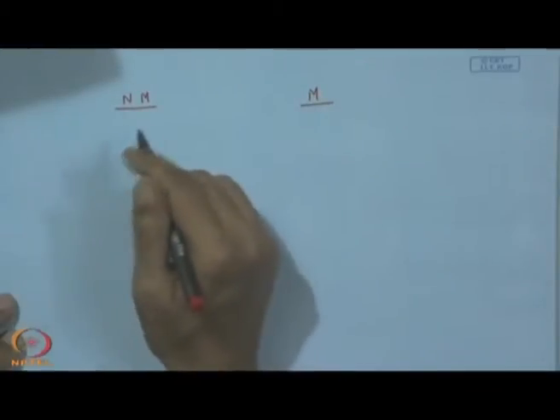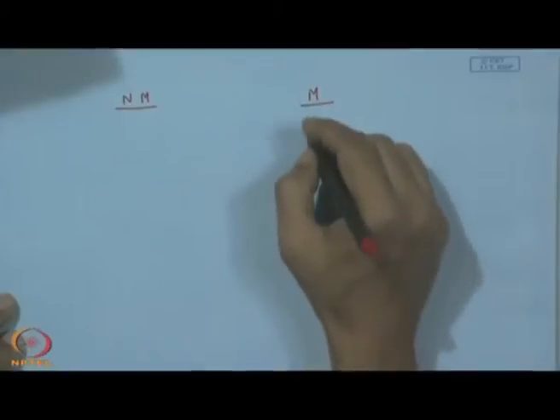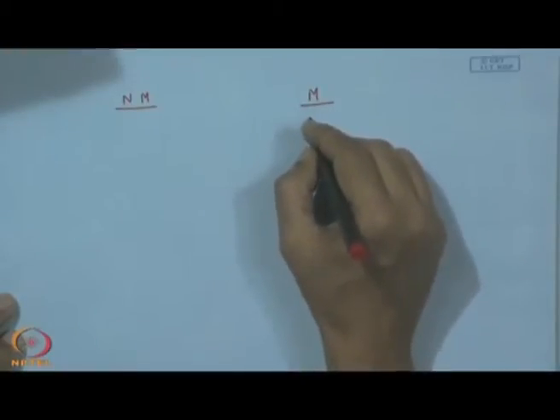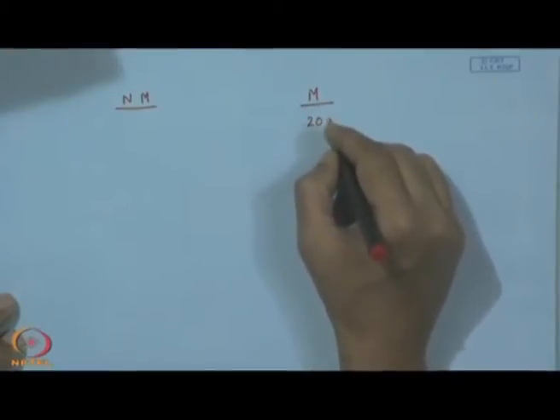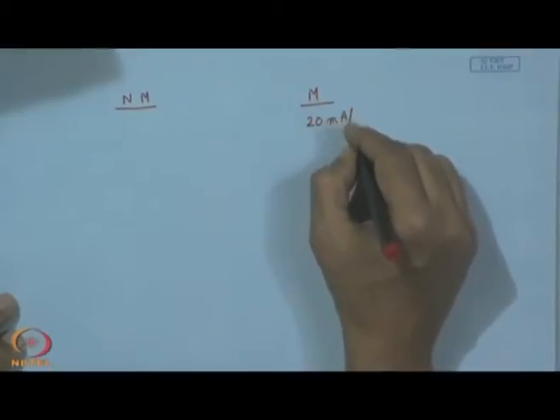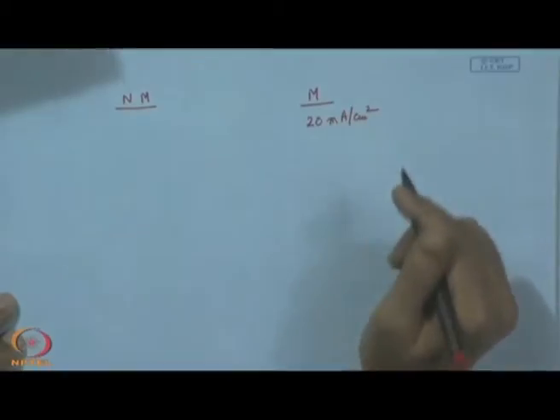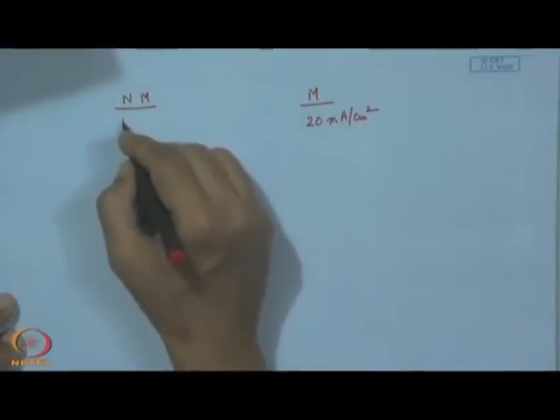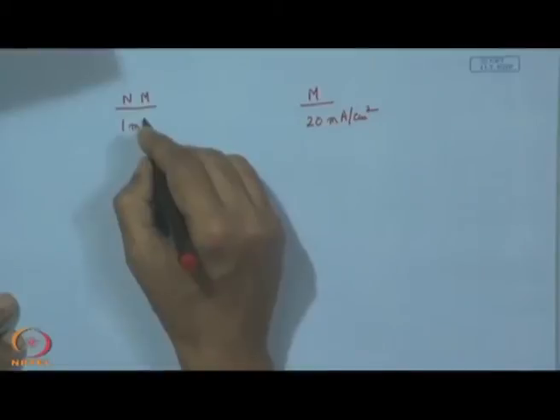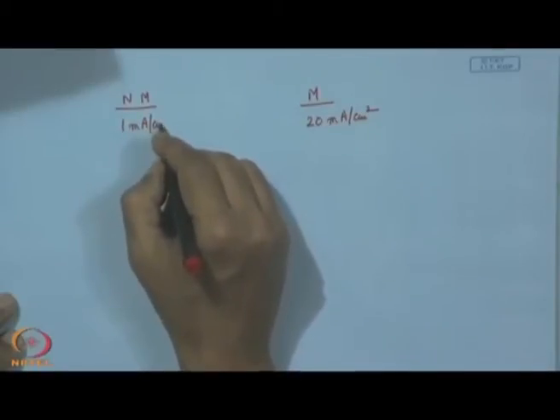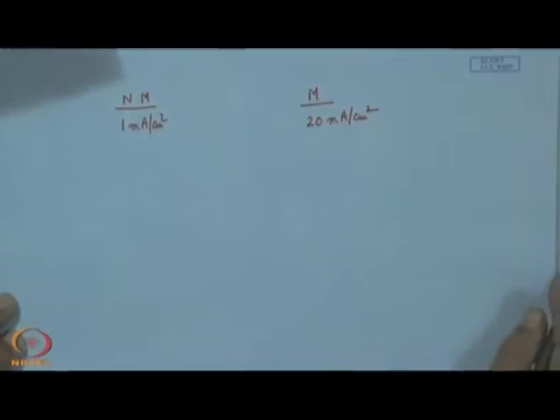So, here cathode current density straightway with a magnetron, a cathode current density of 20 milliampere per square centimeter should not be a difficult task to attain, whereas on this side it will be just limited to 1 milliampere per centimeter square of the cathode surface.